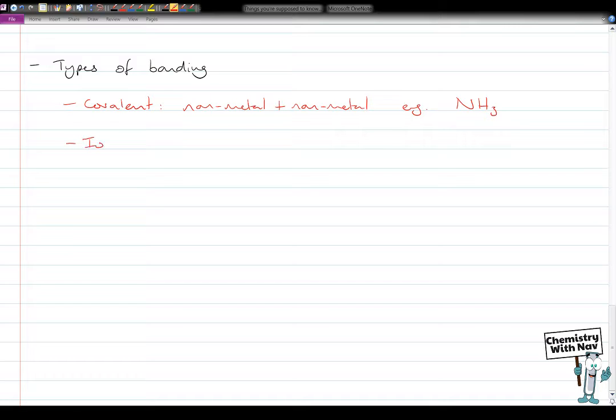If I have ionic bonding, then that's between a non-metal, which will form a negative ion, and a metal, which will form a positive ion.